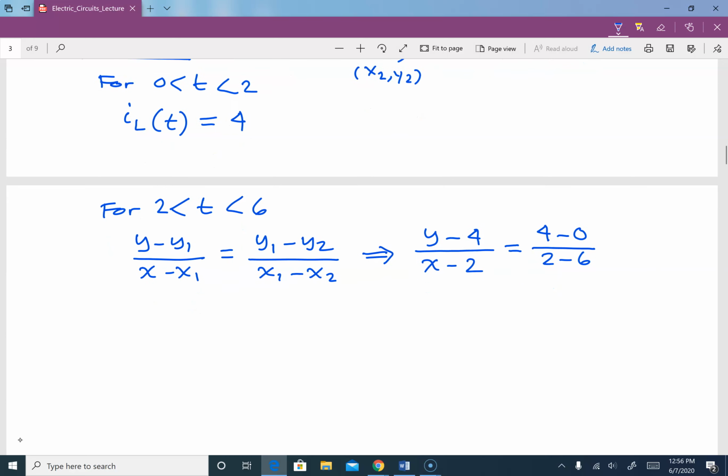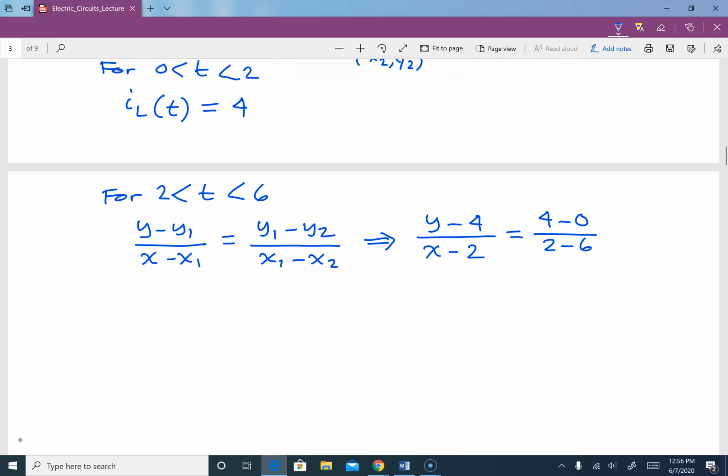So we will just solve this equation, and that will be y minus 4 over x minus 2 equal to 4 divided by negative 4, and that is negative 1. So now we can say y minus 4 is equal to negative x plus 2, and from that y is equal to negative x plus 6.